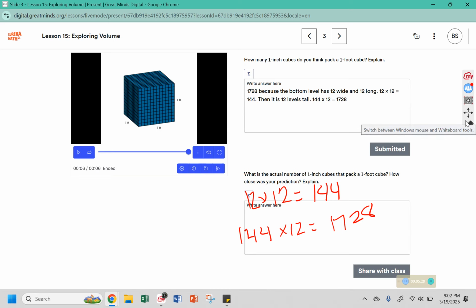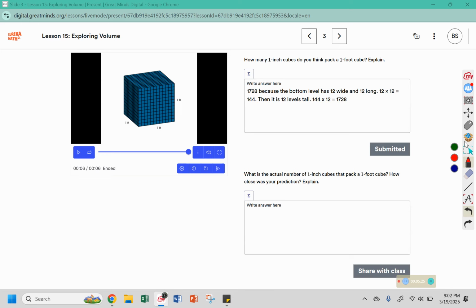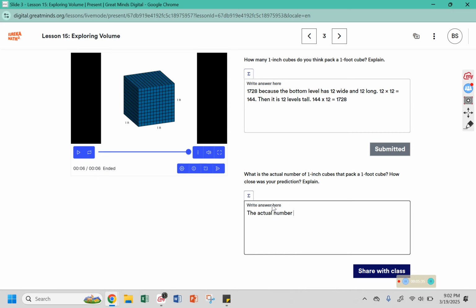What is the actual number, and how close was your prediction? The actual number is 1,728 inch cubes that fit into a 1-foot cube.